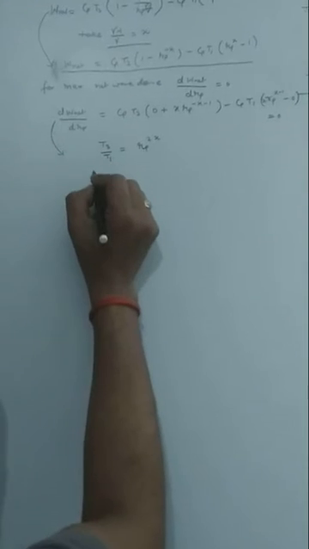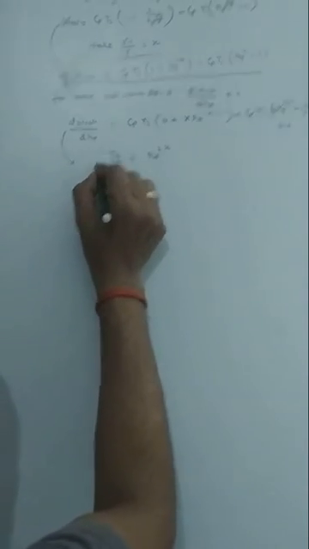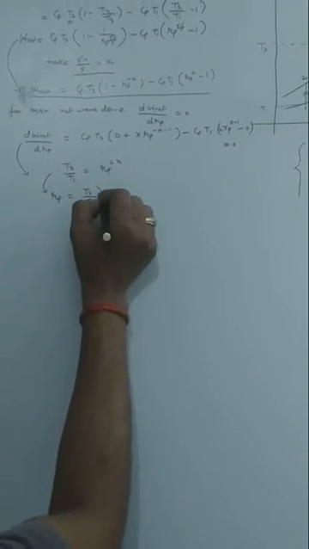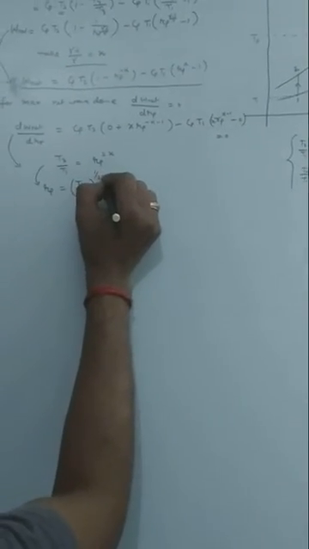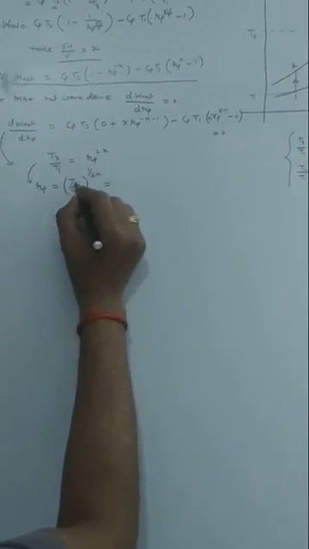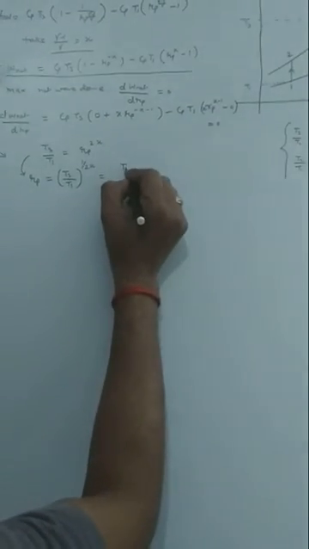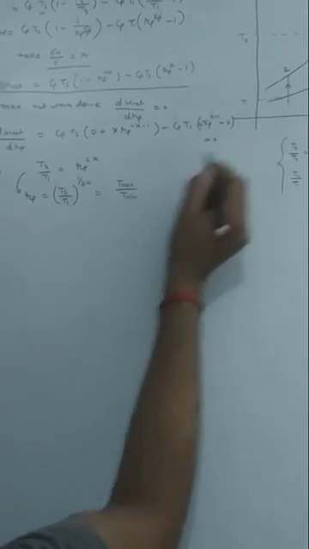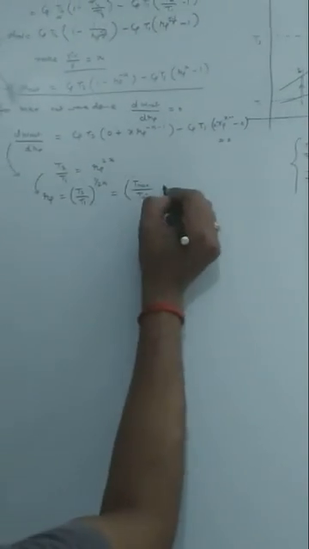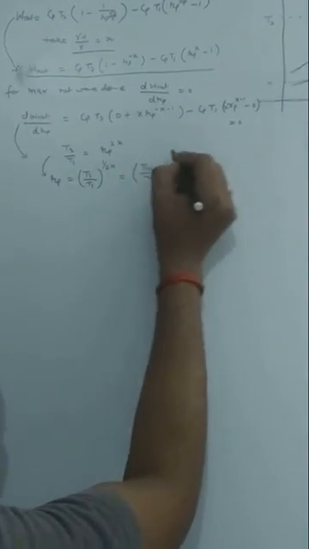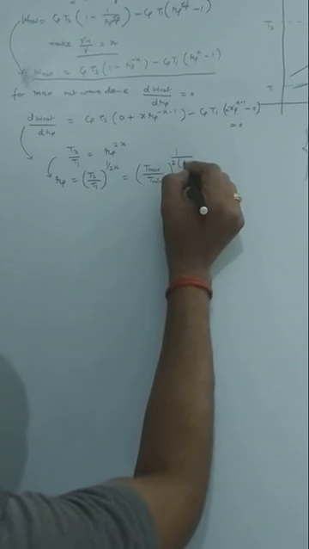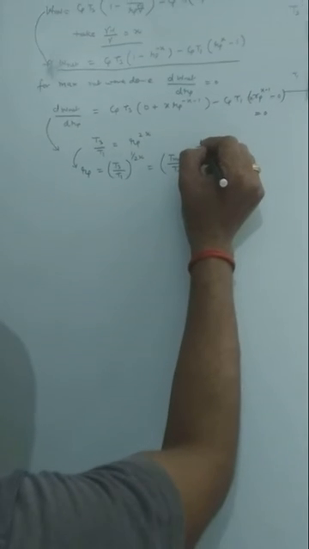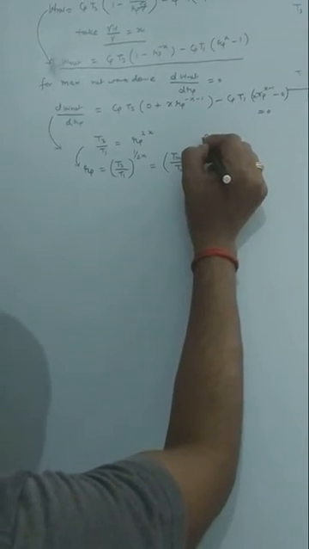So we can write Rp is equal to (T3 by T1) to the power 1 upon 2x, where T3 is the maximum temperature of the cycle, T max, divided by T1, the minimum temperature of the cycle, to the power 1 upon 2x. X is gamma minus 1 divided by gamma, so I write gamma in the numerator.